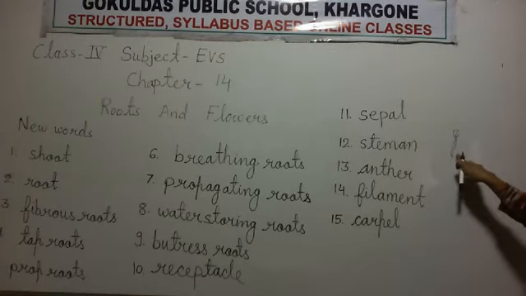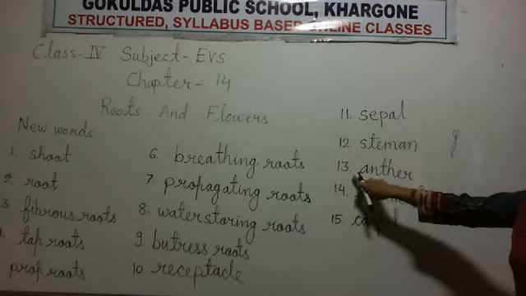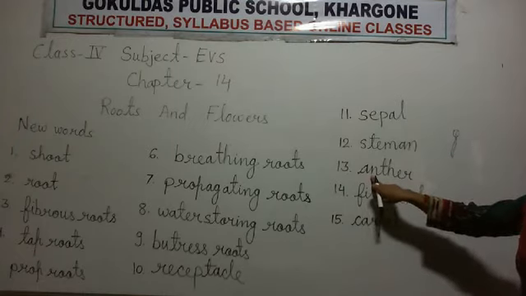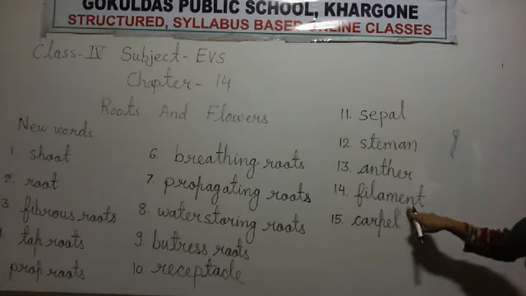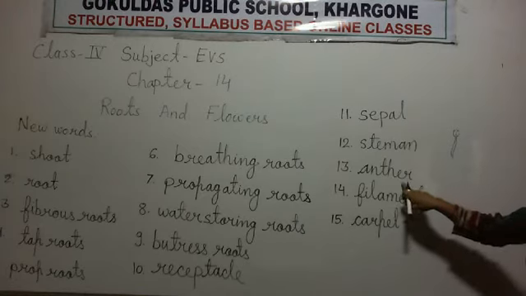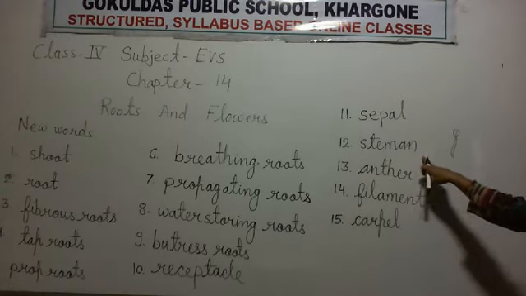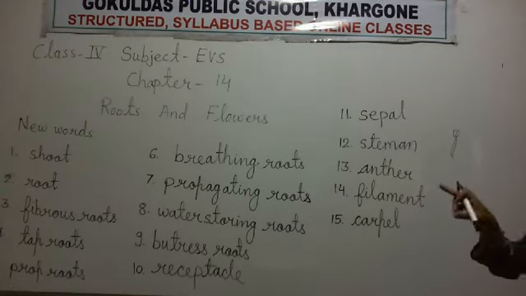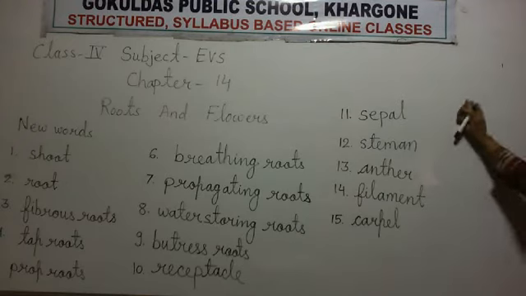This is anther and this is filament. Anther is a part of stamen. Filament, 14, is also a part of stamen. Means anther and filament make a stamen. Clear?